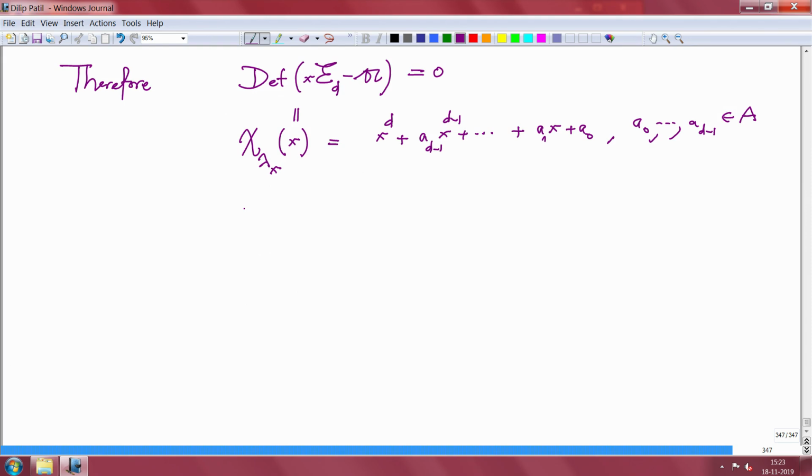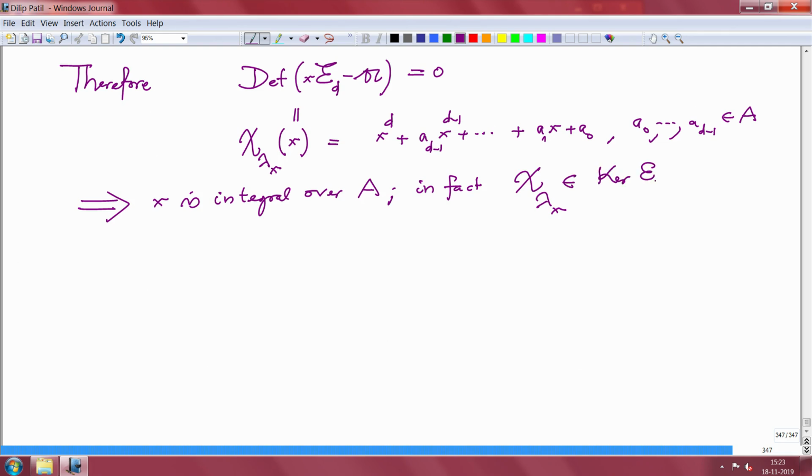Therefore, this implies that x is integral over A, because it satisfies a monic polynomial. In fact, what we proved is that this characteristic polynomial of lambda_x is in the kernel of the evaluation map, or substitution homomorphism.